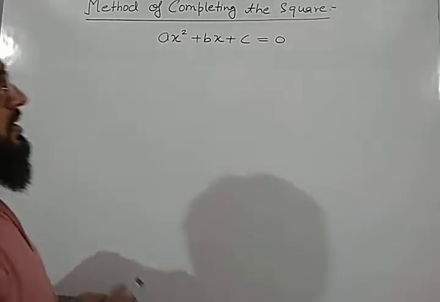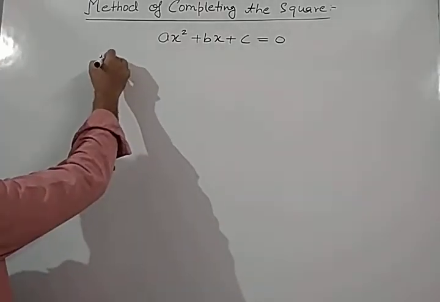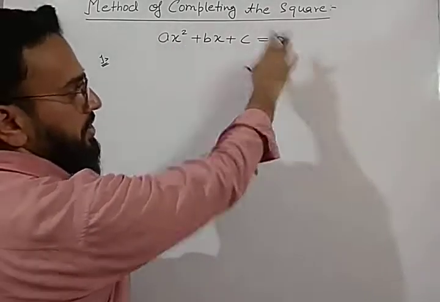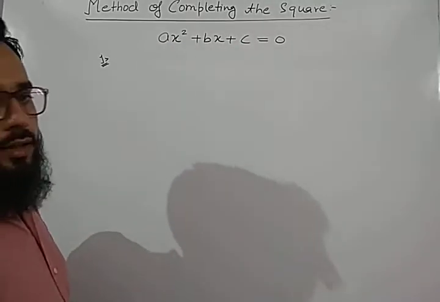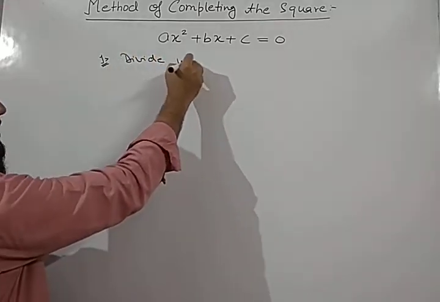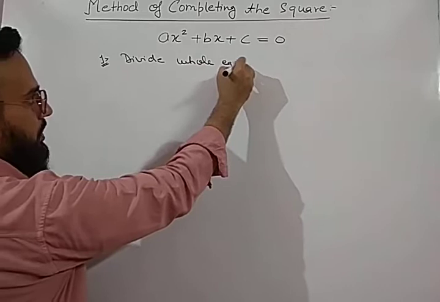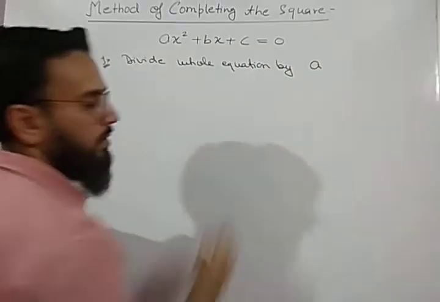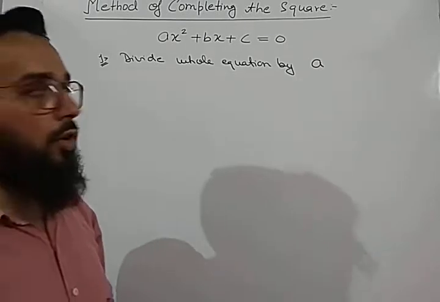Then the next step is, now I am taking the first step. Divide the whole equation by a. What is a? a is the coefficient of x square.